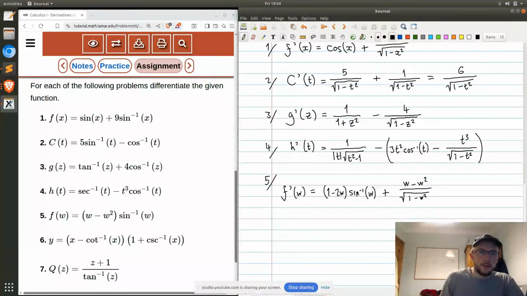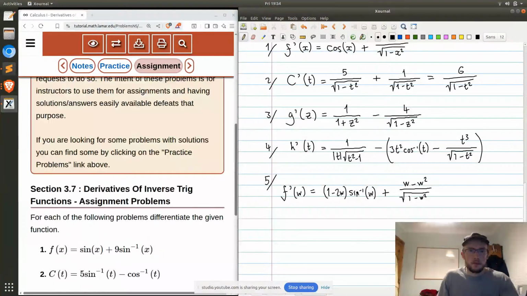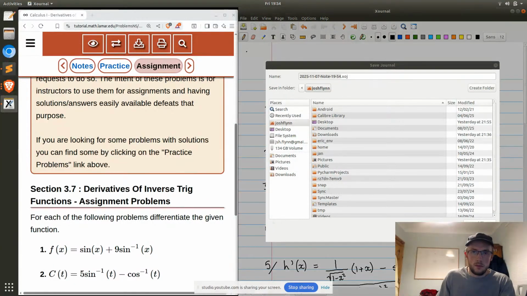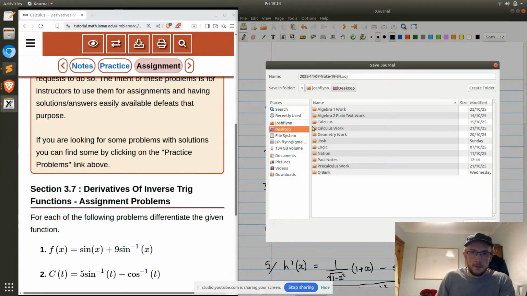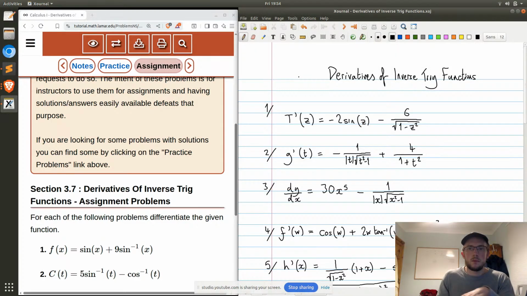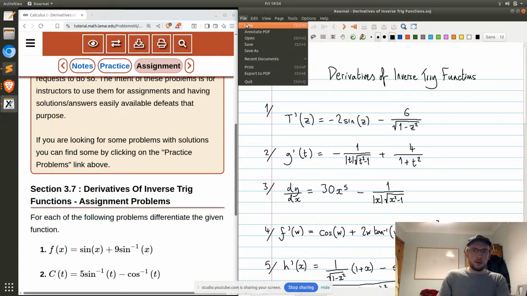Like that. So that's derivatives of inverse trig functions complete.